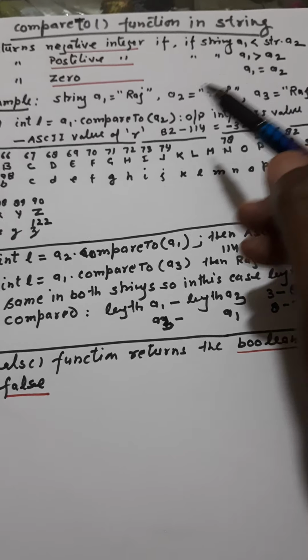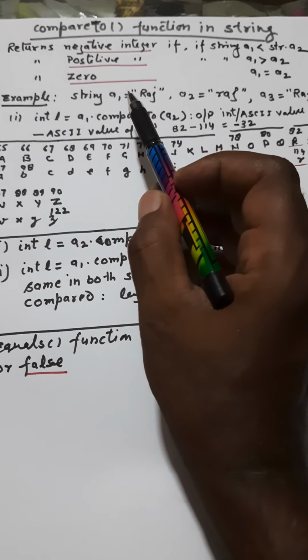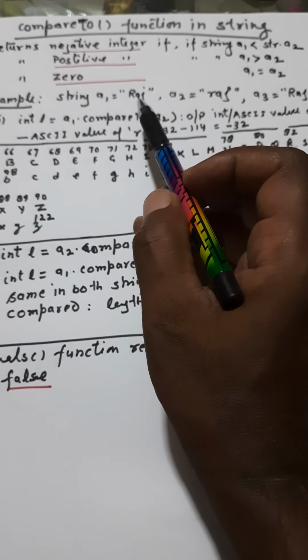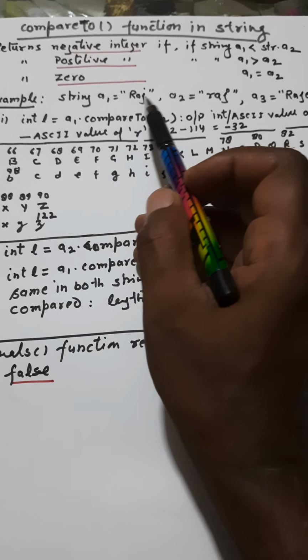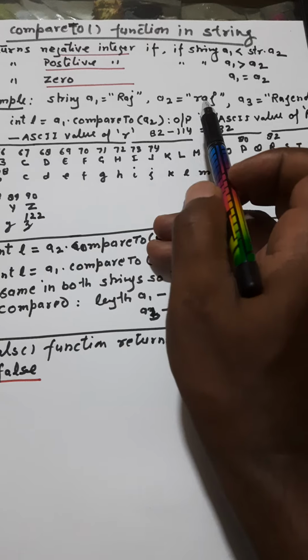So when we compare two strings using the compareTo function, I am giving you an example here. String a1 is equal to Raj. Look at this example. a2 is equal to raj. What is the difference between these two?